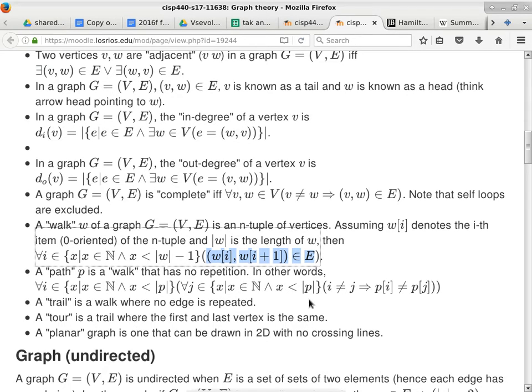Well, for any adjacent items inside the n-tuple, an edge must exist in the graph. That's all it's saying. So a walk is really just a whole bunch of vertices where you have an edge between every single pair of adjacent vertices inside the n-tuple. Is that okay? Sort of?